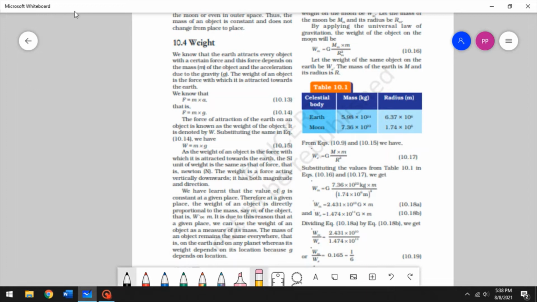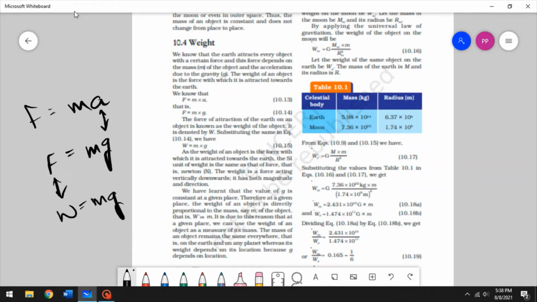It's like this chain: F equals ma, and since we were able to replace all a's with g's, we can also say F is equal to mg. Since weight is essentially just measuring the force, the weight of an object is the product of its mass and the acceleration due to gravity.